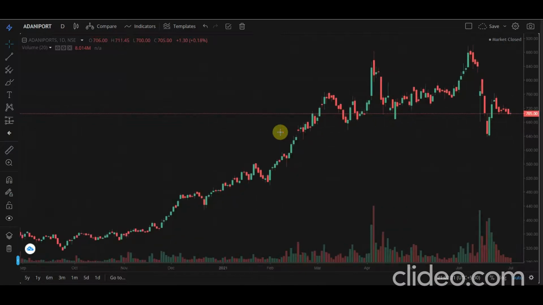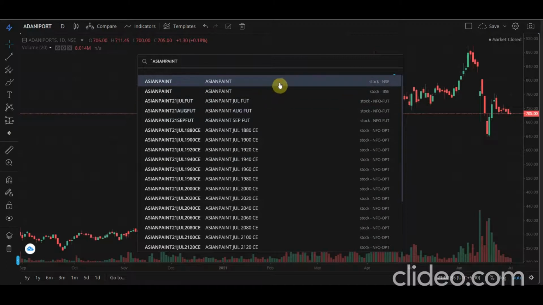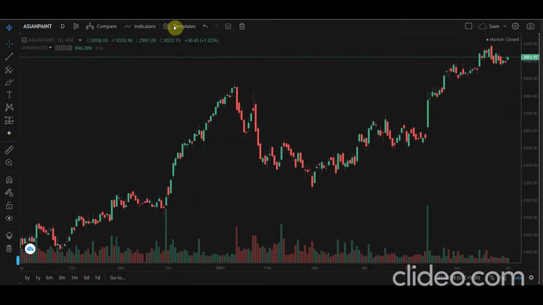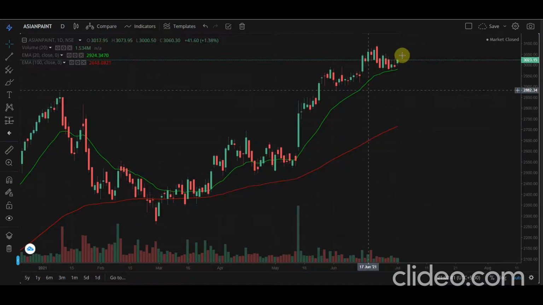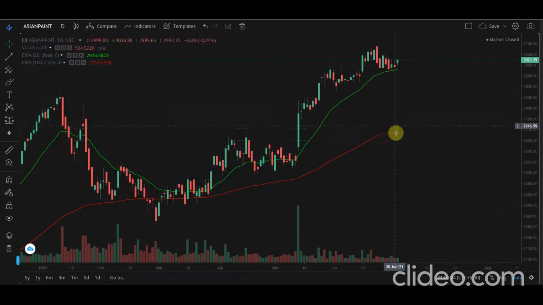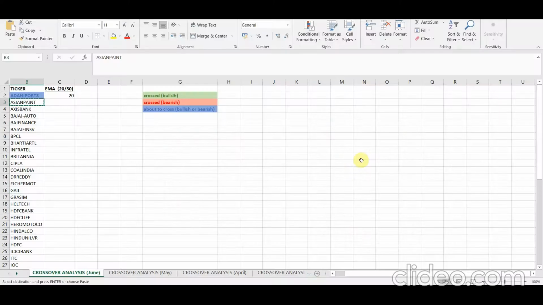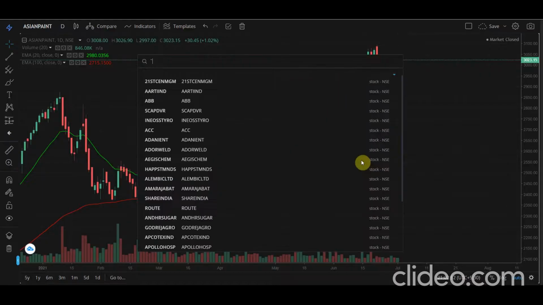All right, Asian Paints it is. Let me apply the template once again. Yeah, so as you can see, they are too far away from each other and there has not been any crossover in recent times. So we'll leave this particular stock, we'll ignore this. We'll move on to the next one, that is Axis Bank.